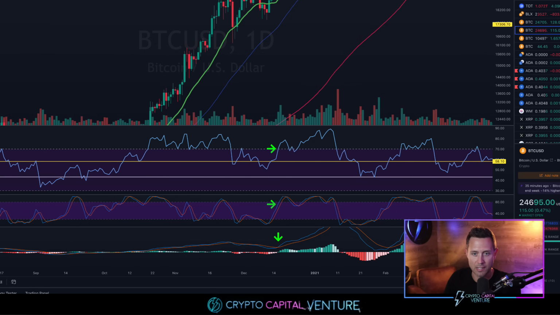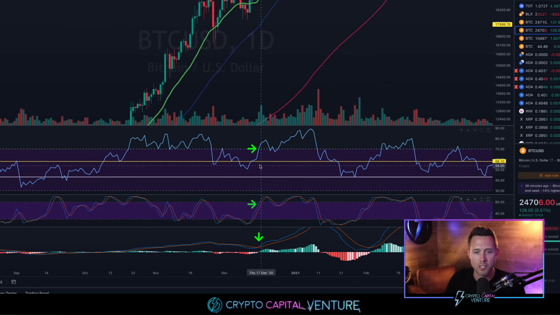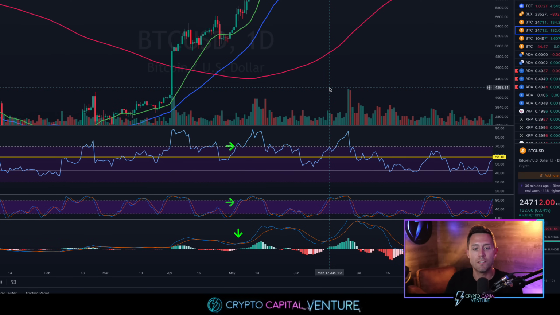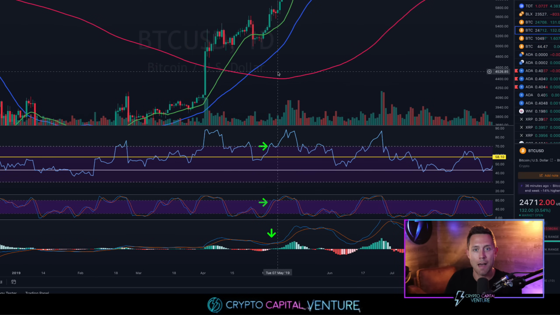We go back to 2020 and look where the momentum oscillators were: towards overbought when the move was happening, and also towards overbought on the stock RSI. So a quicker moving momentum oscillator and a slower moving momentum oscillator towards the overbought area. The move is so consistent across the board compared to what is happening right now. And then the second thing, I went back even further and check it out. It happened again.